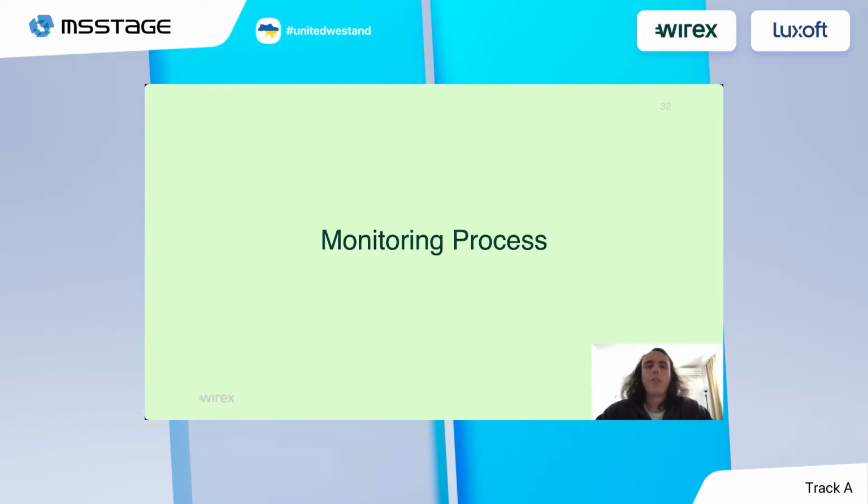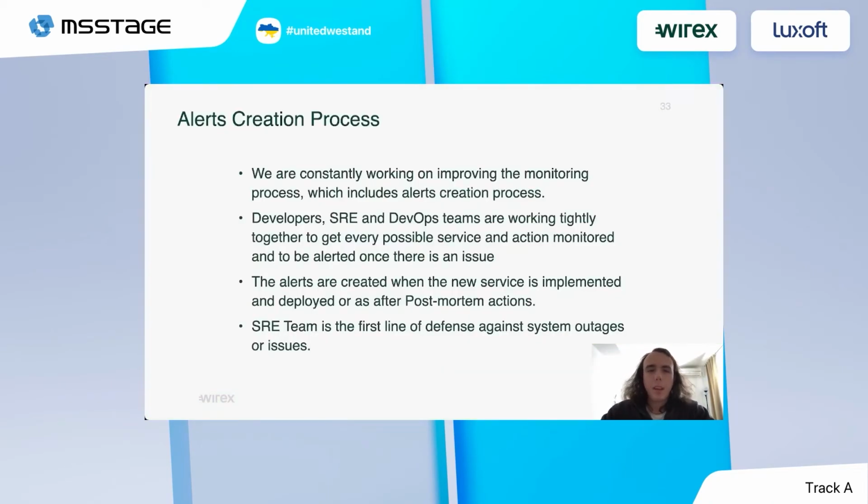Obviously, for such a big amount of metrics, tools, and services involved, it is really important to properly set up the monitoring process. Now, let me share our experience of monitoring process management. We are constantly working on improving the monitoring process, which includes the alert creation process.